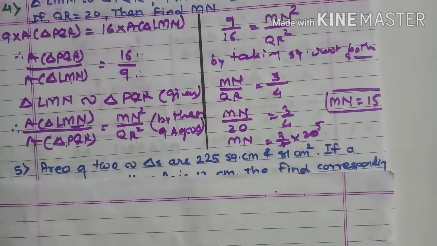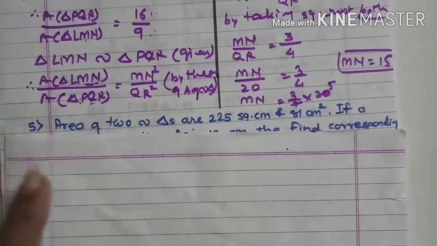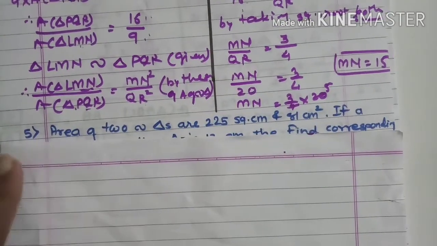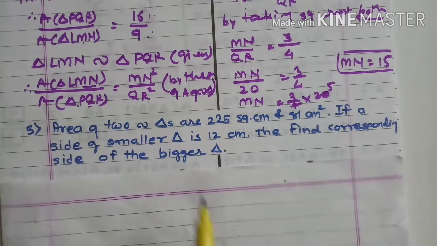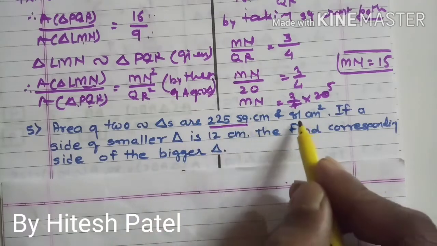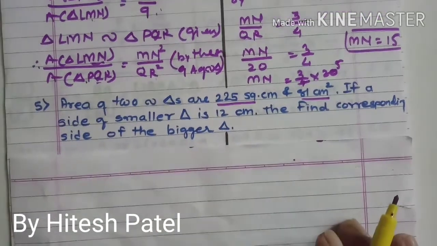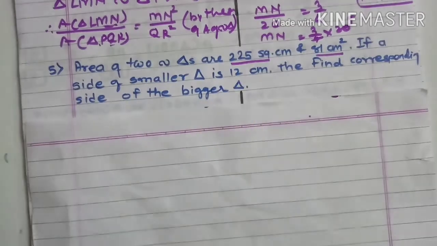Okay, now question number 5. Read the question from your textbook. Areas of two similar triangles are given, 225 centimeter square and 81. If side of a smaller triangle is 12, find the corresponding side of a bigger triangle.